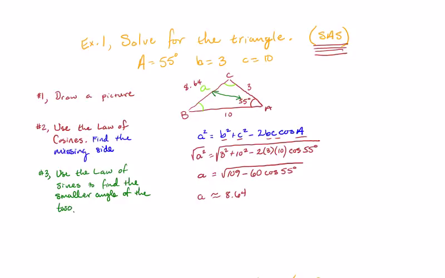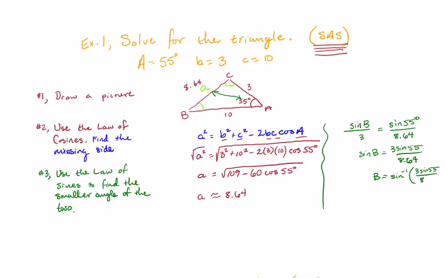Between B and C, the smaller of the two would be angle B. So I'm going to go sine of B over 3 equals the sine of 55 degrees over 8.64. So sine of B would equal 3 times the sine of 55 over 8.64, and B would equal the inverse sine of all that stuff, 3 sine of 55 over 8.64.